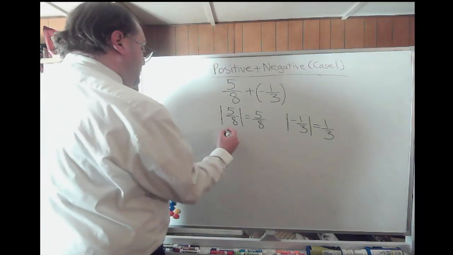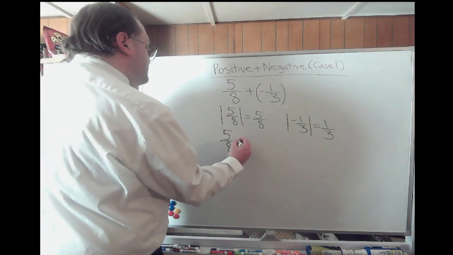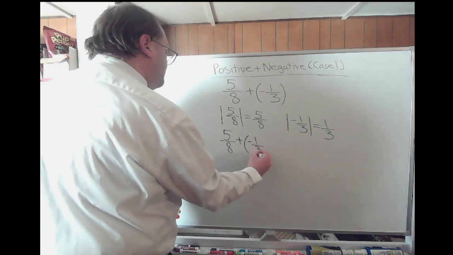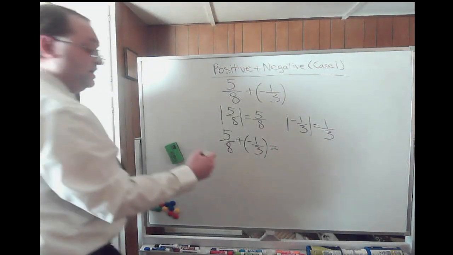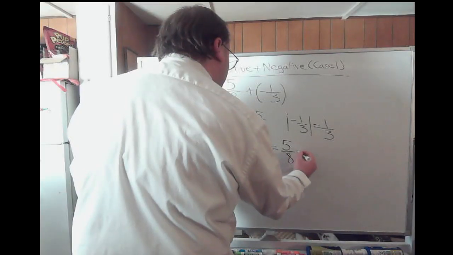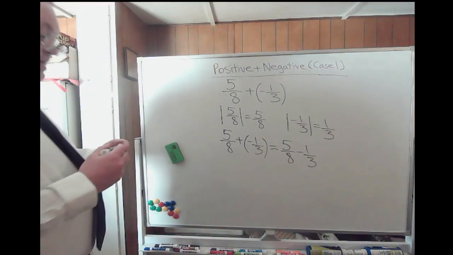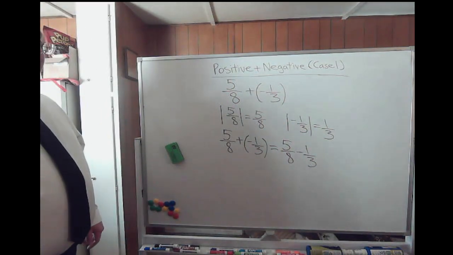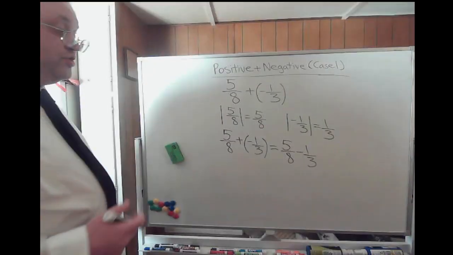So we can rewrite this equation. 5/8 plus negative 1/3 is equal to, since we have plus minus, that'd simply be equal to 5/8 minus 1/3. Now we have a simple subtraction of fractions. We can go for a common denominator to perform this.